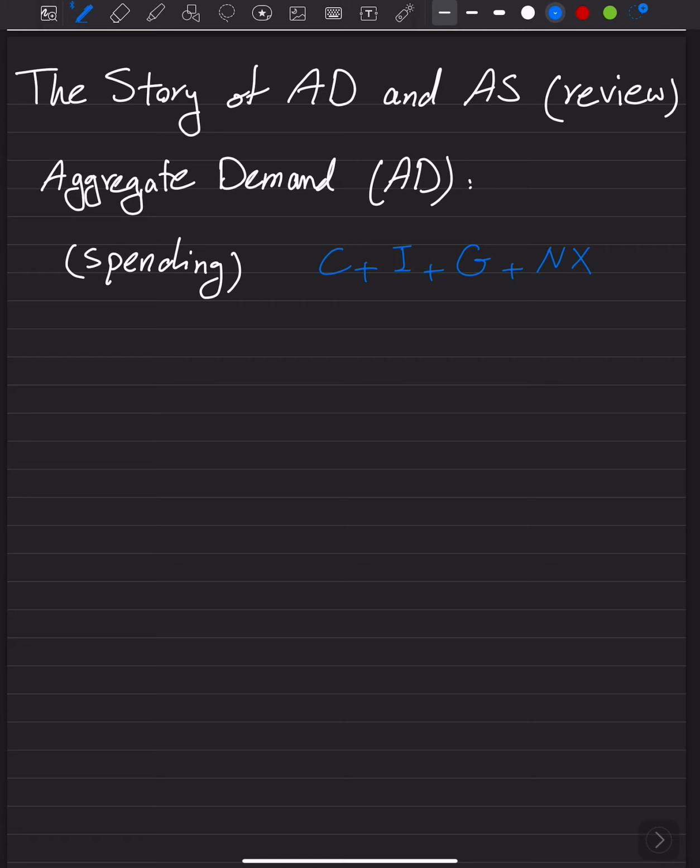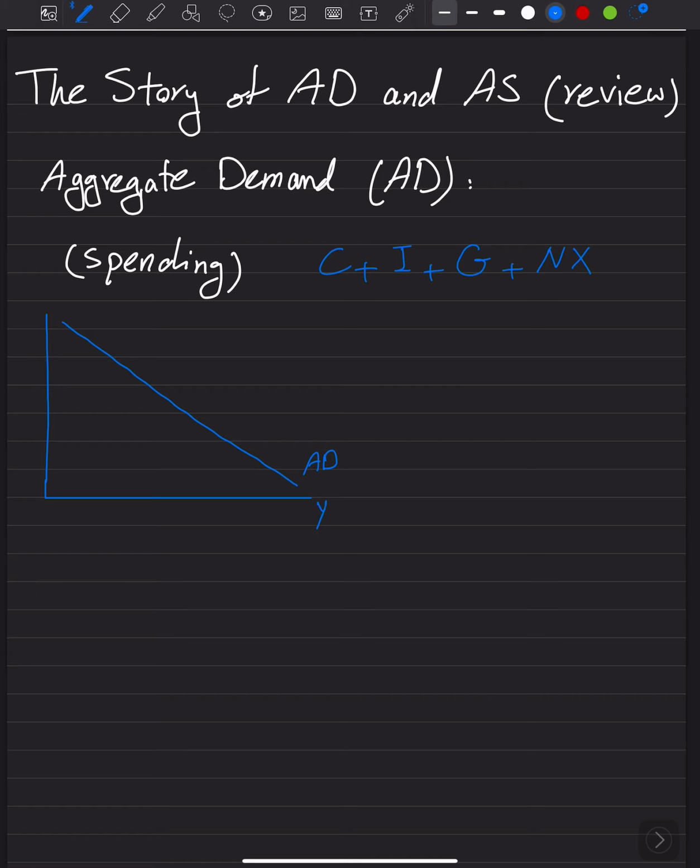Each of these three channels shows the relationship between the price and the total spending. And we call it aggregate demand, showing it with the aggregate demand curve, which is a downward sloping curve.